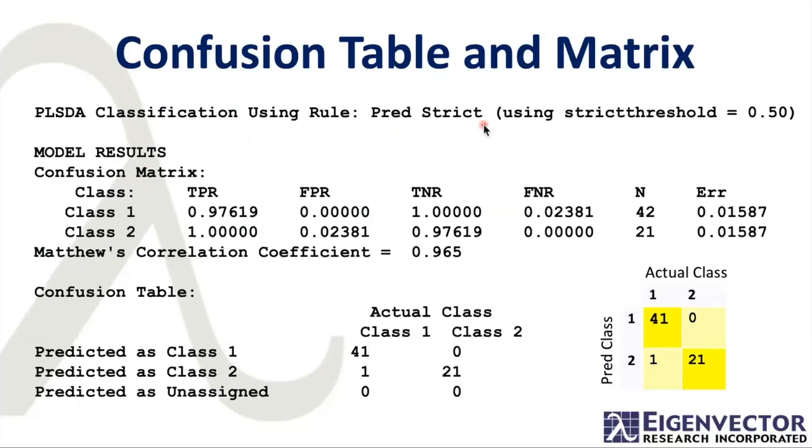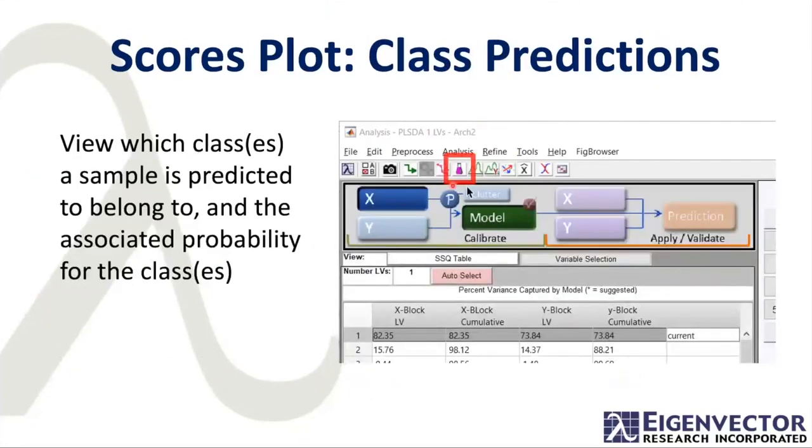All of the classification methods produce a probability of belonging to each class. We have 2 rules for how the classification is reported. One is called the most probable, and that's simply looking at the most probable class that you get.